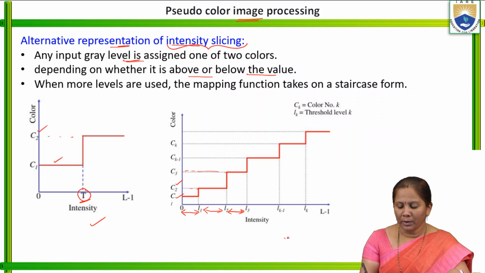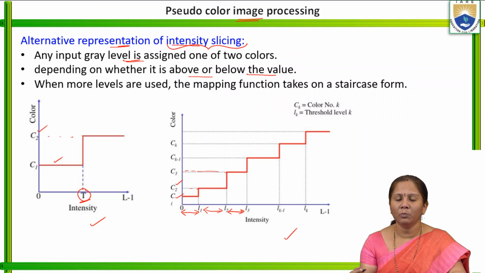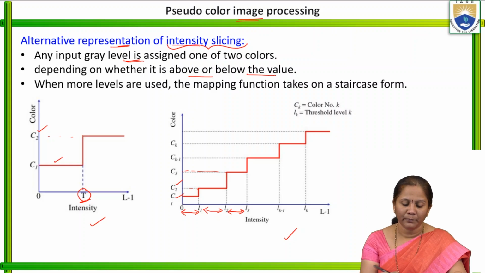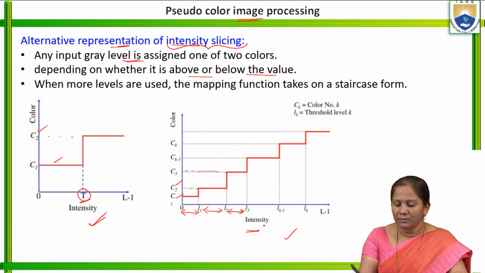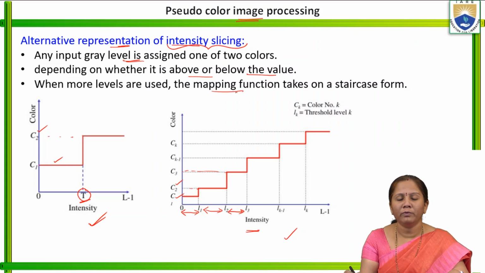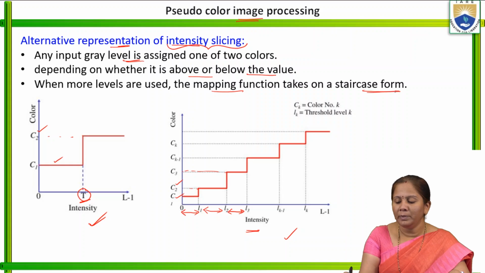So when you apply this concept, we can observe more colors in the pseudo color image, whereas for the earlier case only 2 colors can be obtained. To have many colors in this pseudo color image processing, the output structure will be like a staircase form. So if you observe here, the structure is like a staircase form.